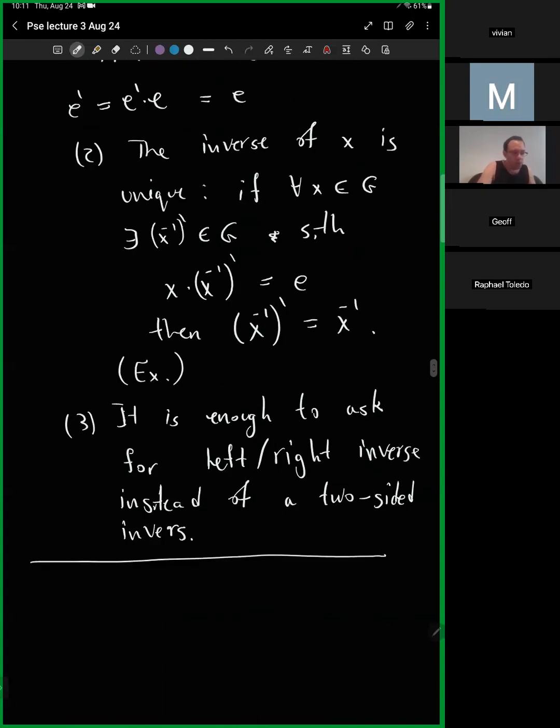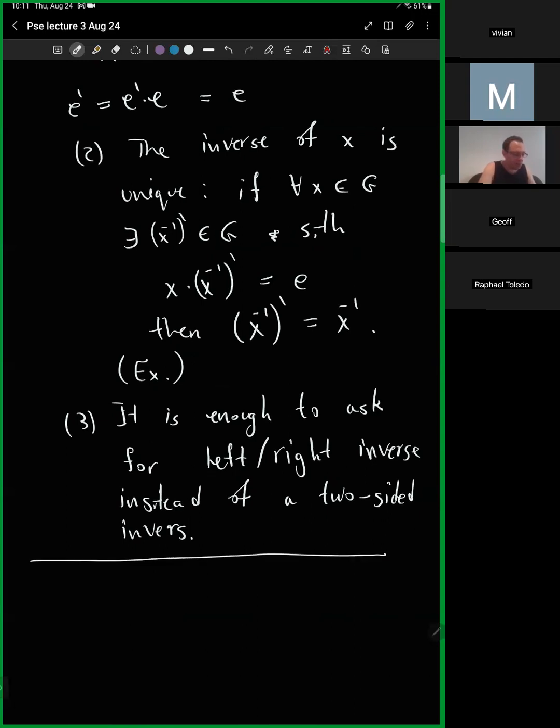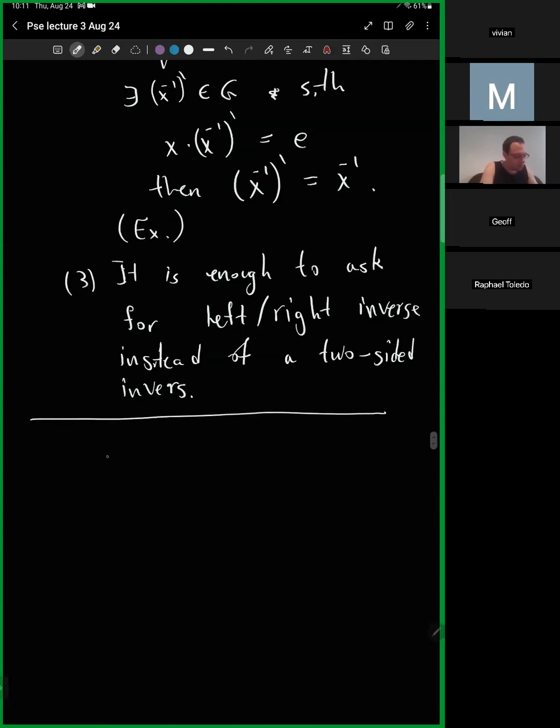Now, what we also had last time is we took the unit circle within the complex numbers.